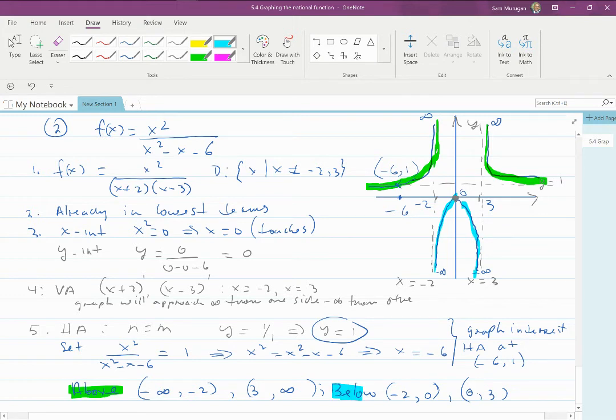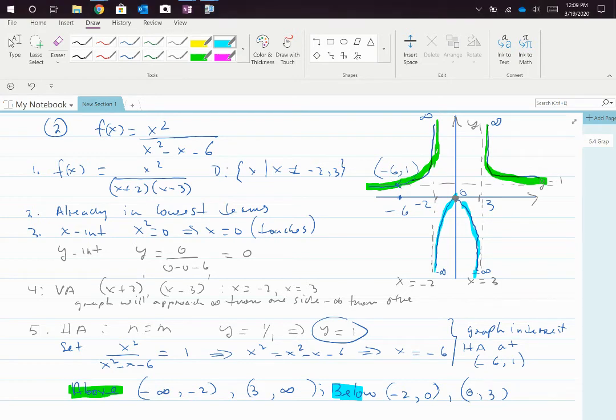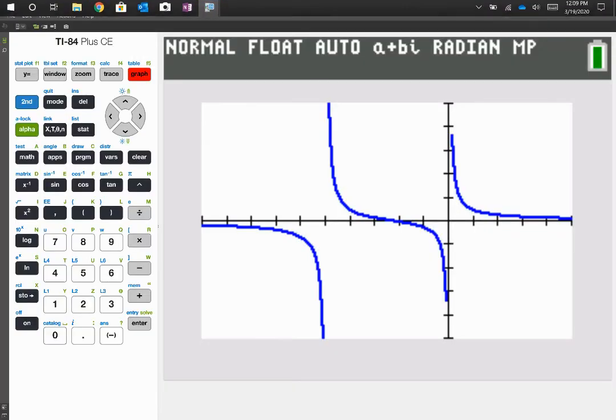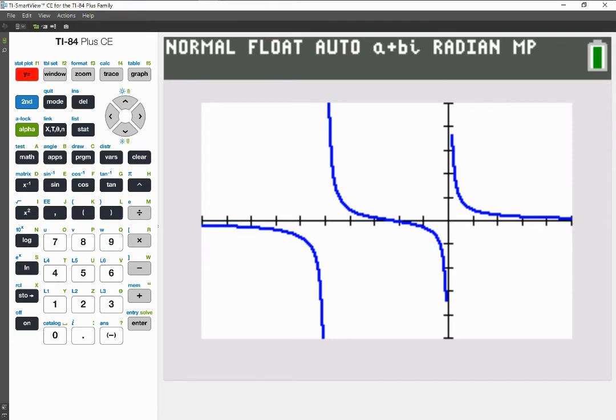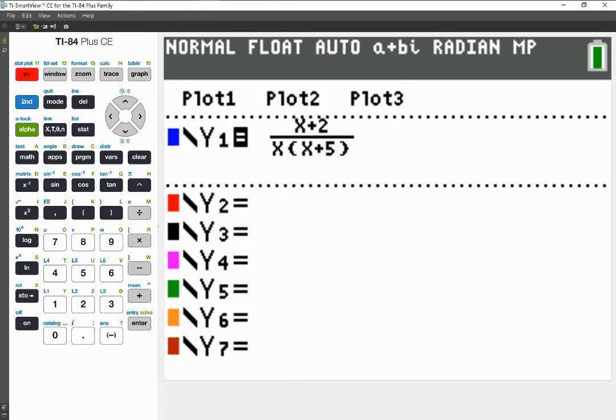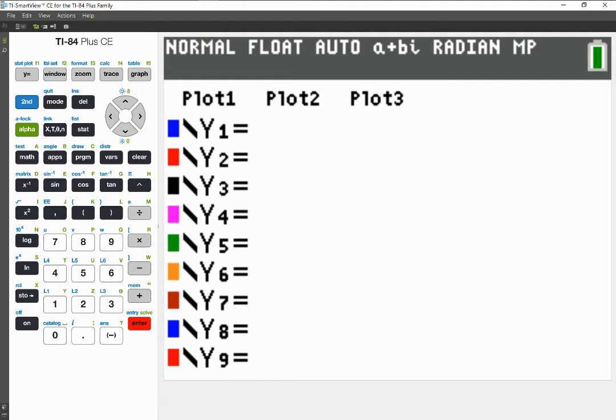And last but not least, we want to put this graph into the calculator and check to see what's happening. For y equals, you can edit or just redo the whole thing. Alpha y equals, enter.